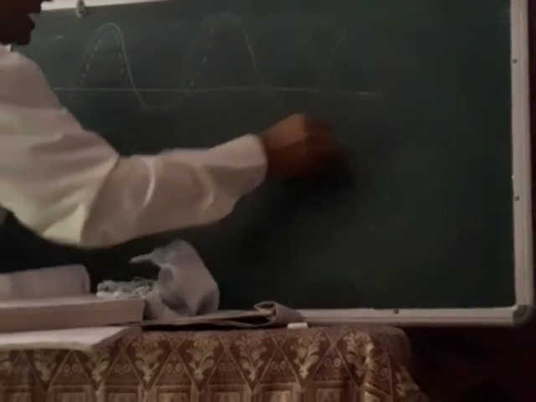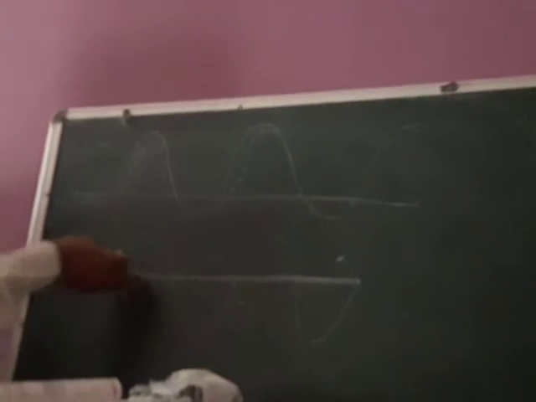The combination of this will give you bigger light. Similarly, if one wave is like this and the other wave is like this, then by the additive property they will cancel, this on this side, this on this side, they will be nil. So in this case you will get more light, and in this case you will get less light.